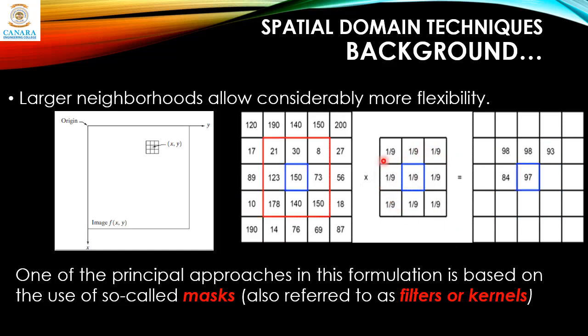What you can do is add all the pixel values up and divide by 9, or else you can take 1 by 9 for each cell, and you place this mask on the image. This is the center pixel, 1 by 9. So if I want to filter this 21, I'll put this mask over here, and I'll cover this 3 cross 3 matrix around this 21, like 120, 190, 140, 17, 21, 30, 89, 129, 150.